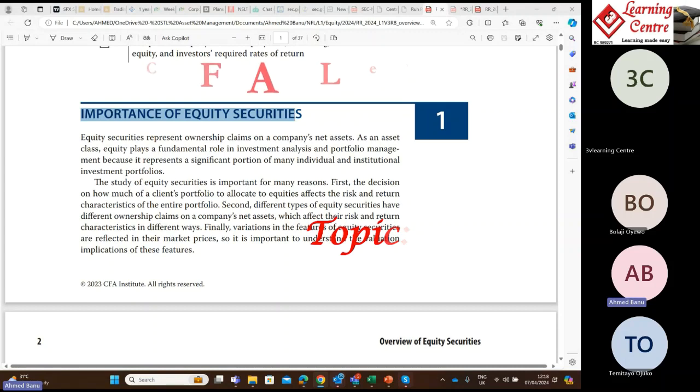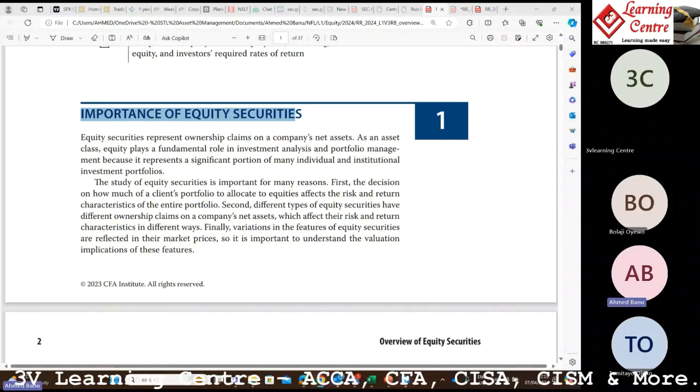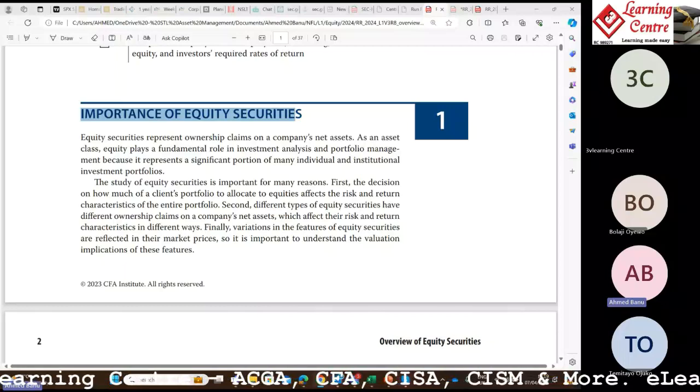And why net assets? If you're an owner of a company, you own the company's stock, and you own the company's assets, because the company has used your capital to buy assets in order to run the business and generate revenue.